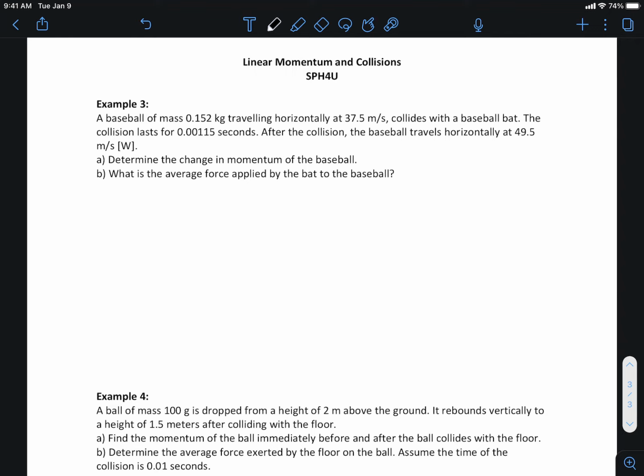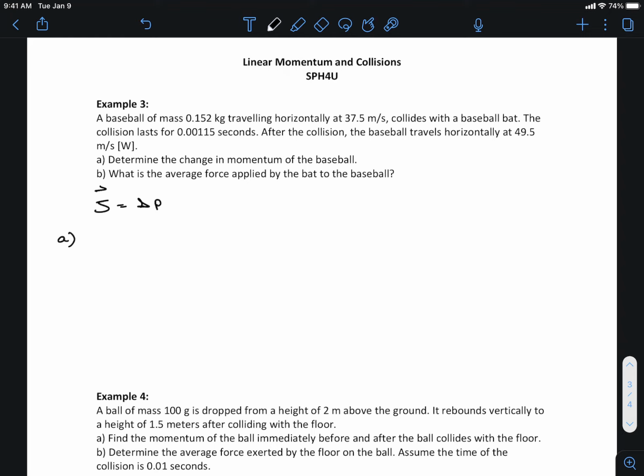Well, change in momentum sounds like something you've heard of before. That sounds like impulse. What is the change in momentum? Well, let's just do that part.